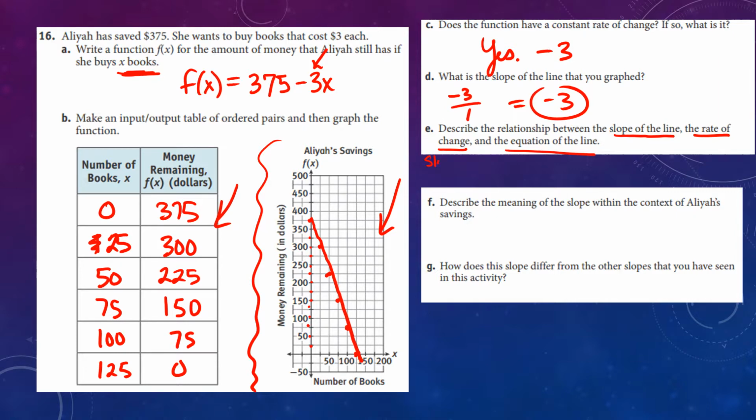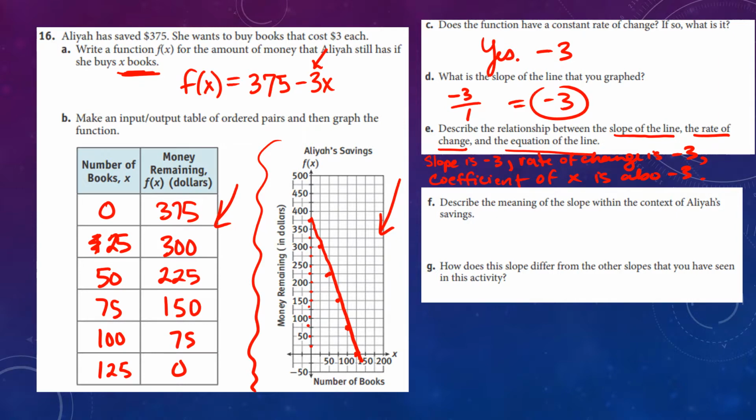The slope is -3. Rate of change is -3. And from the equation, the coefficient, that's the number in front of x, is also -3. They're all the same.